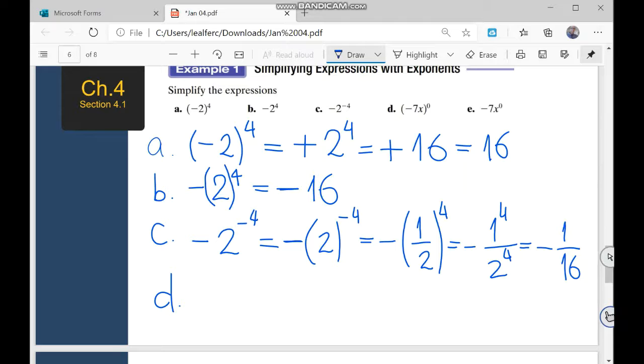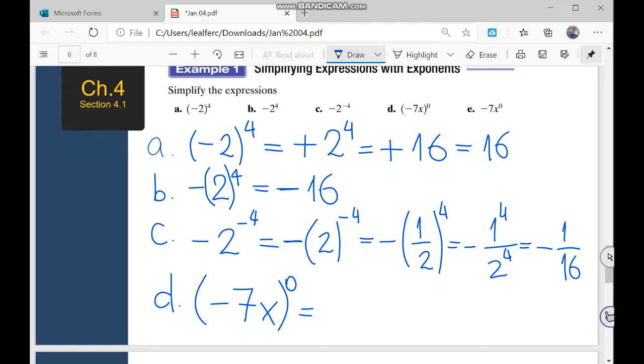I think it's the easiest one because it's an exponent 0. Parentheses, negative 7, x, exponent 0. Okay? When we have any number that's not 0 submitted to exponent 0, this is going to be equal to 1. So we have the parentheses, the whole thing is submitted to 0.